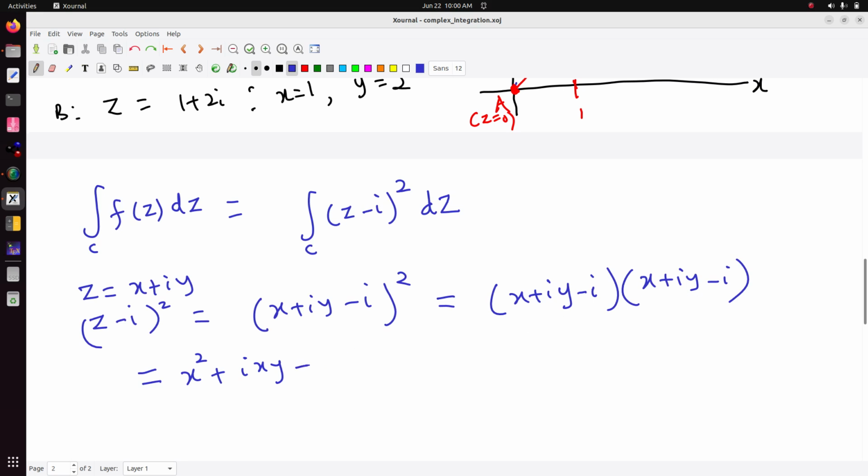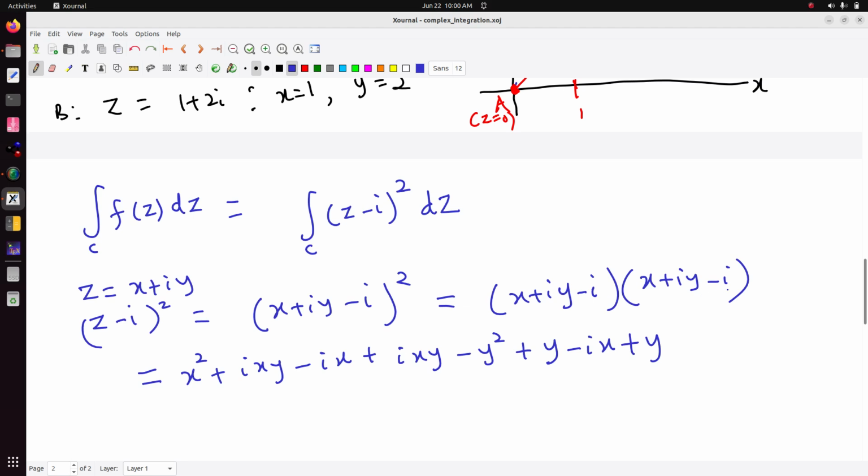Then plus iy times x, that is ixy, then iy times iy will be minus y squared, then iy times minus i will be plus y, then minus i times x is minus ix, then minus i times plus iy. Minus times plus is minus, but i squared is minus, so that will be plus y.